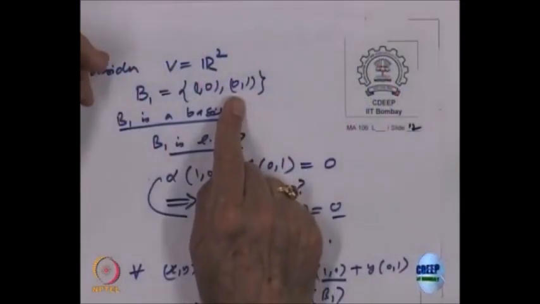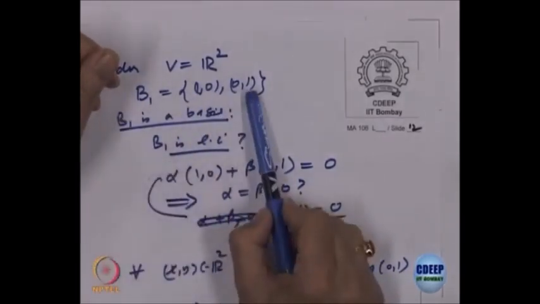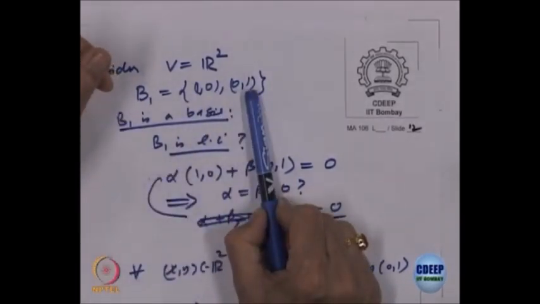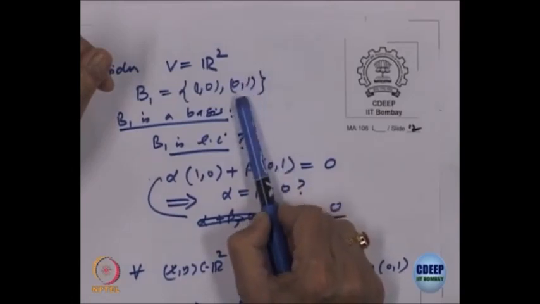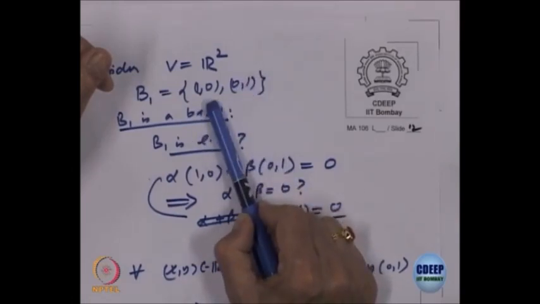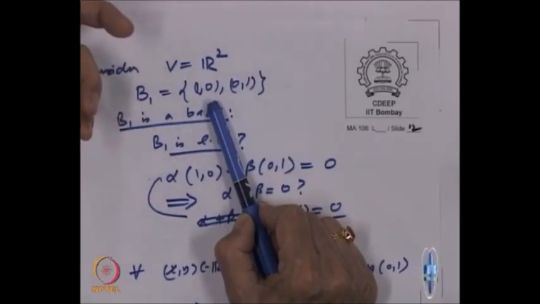Let us see B1. What was B1? (1, 0) and (0, 1), right. If I remove one of them, what do I get? Only (1, 0), and what will it generate? Linear combinations (x, 0).